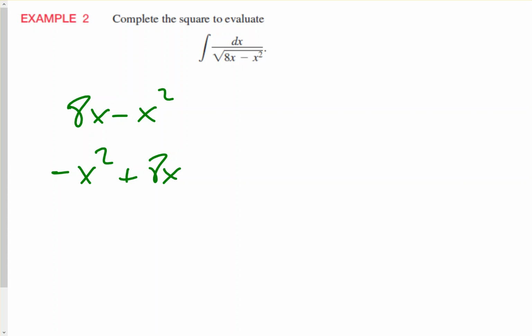Okay, now when I like to complete the square, my coefficient on the x squared is usually positive. So what I'm going to do first is I'm going to pull out this negative 1. So I have my x squared, I have the positive coefficient in there, minus 8x.